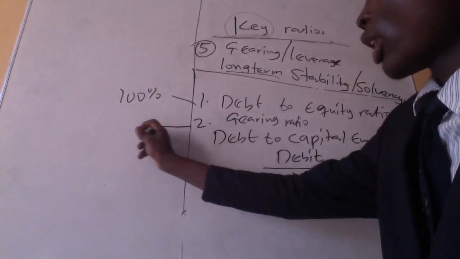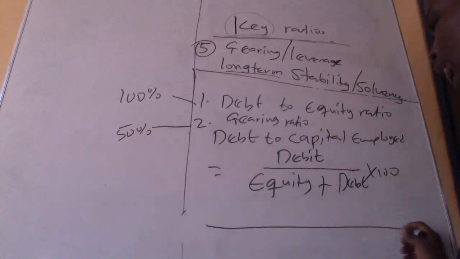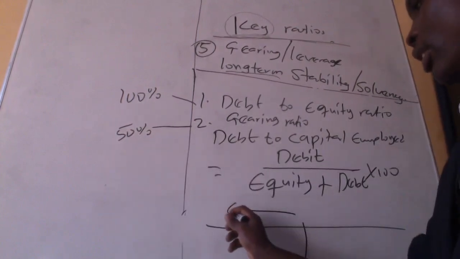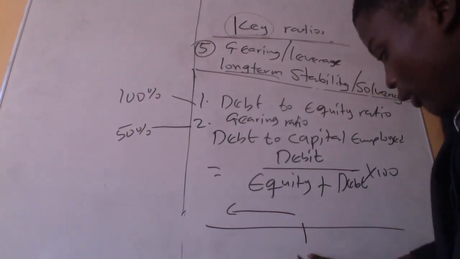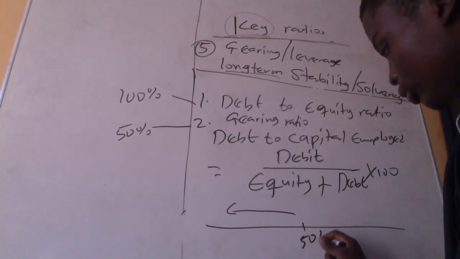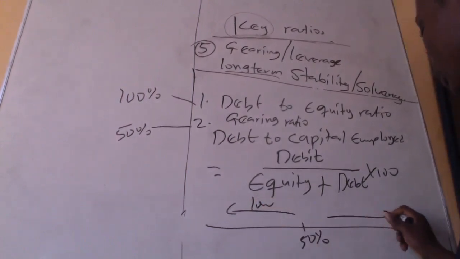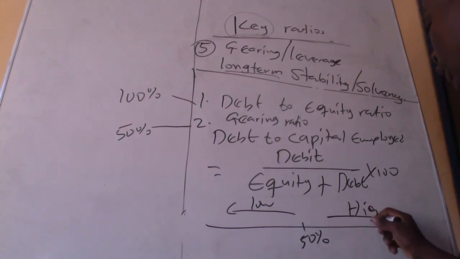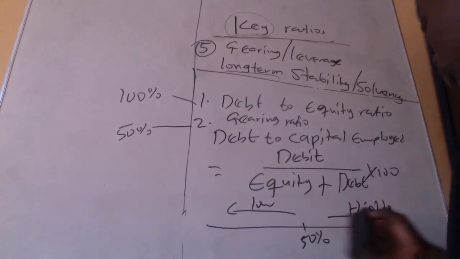So take notes. In fact, the benchmark for that one too is 50%. So when you calculate and get less than 50%, it is lowly geared. As usual, above that means highly geared. The gearing level is high for that organization.